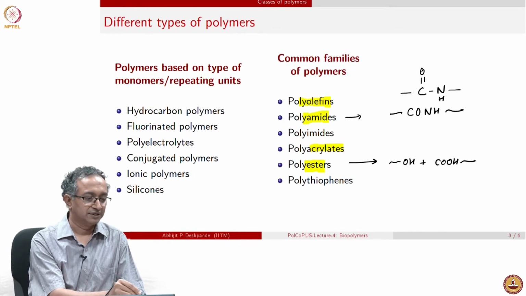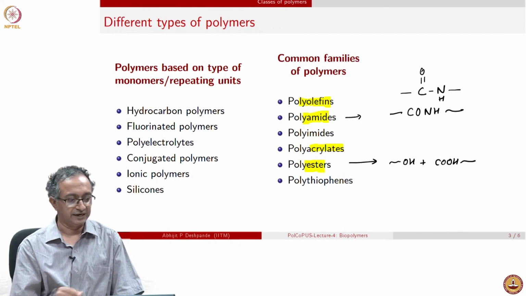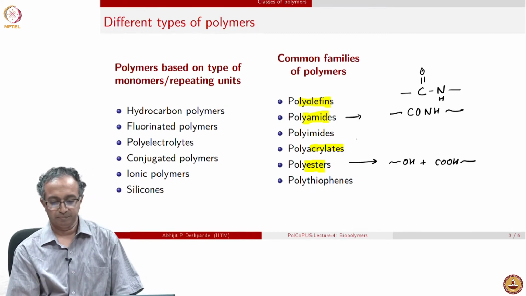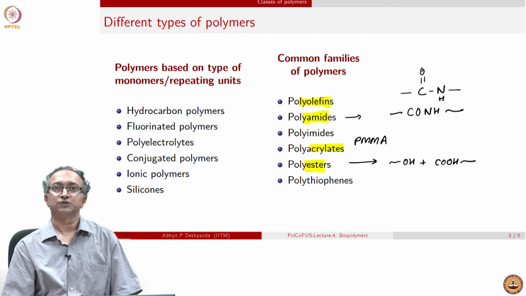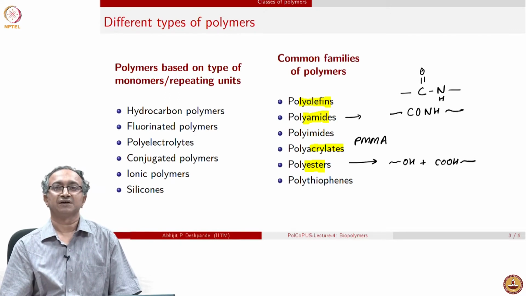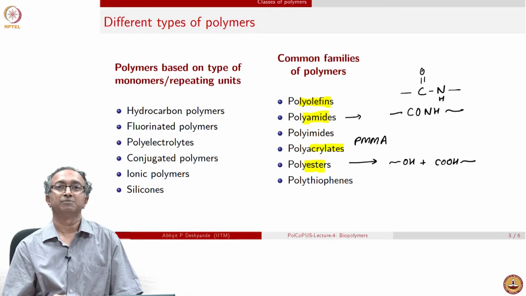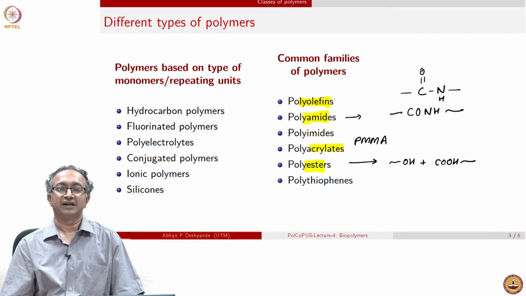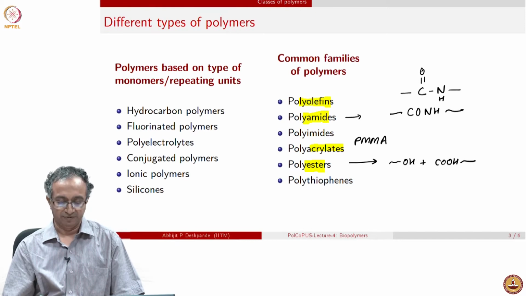So an important example of polyacrylate is polymethyl methacrylate, PMMA. It's quite commonly used, and in fact Perspex windows, which is a non-breakable plastic but with optically very excellent properties, so that we can use them as glass materials. So they are used, PMMA.